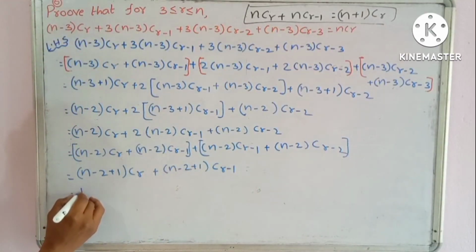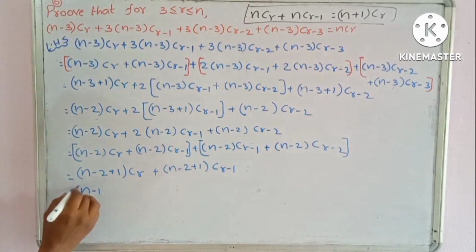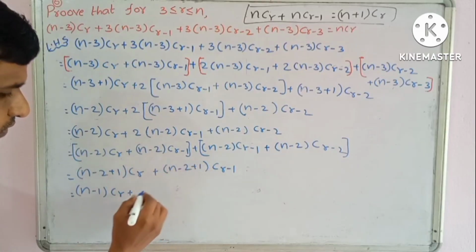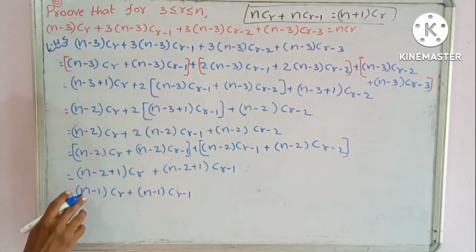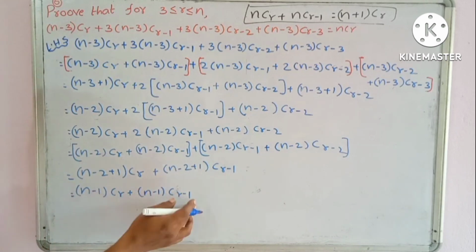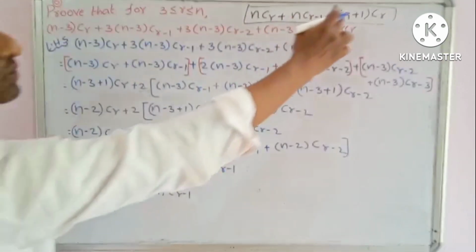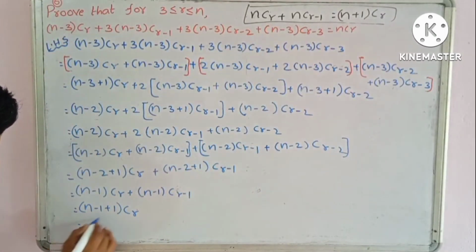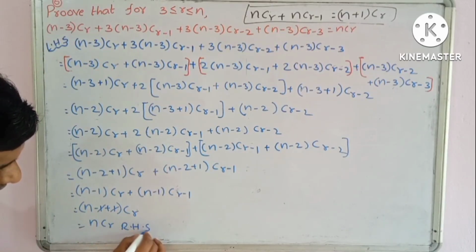So n minus 2 plus 1 is minus 1, (n minus 1)Cr, plus here also n minus 2 plus 1, so (n minus 1)C(r minus 1). See nCr plus nC(r minus 1), so (n plus 1)Cr. (n plus 1)Cr, so minus 1 plus 1 cancel. So nCr, which equals the RHS.